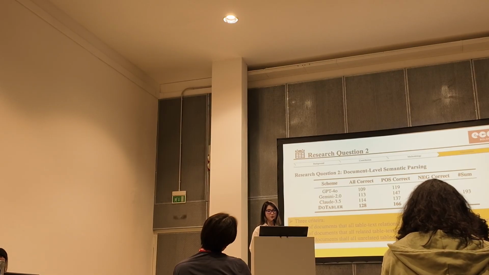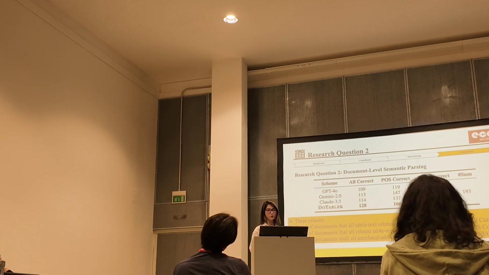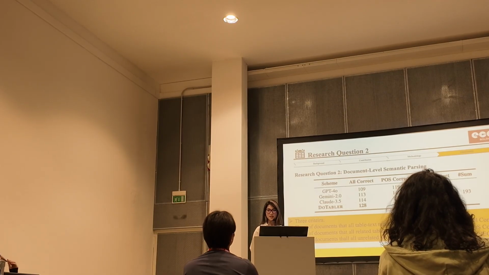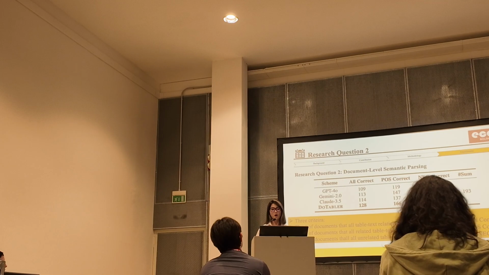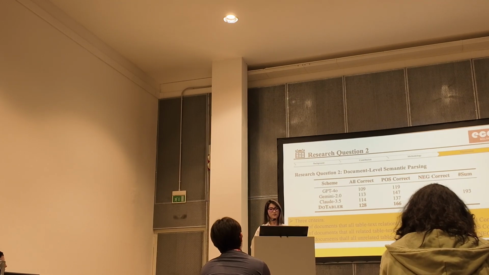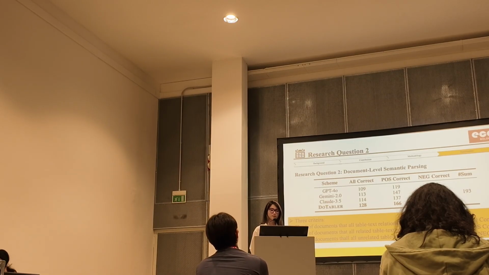Secondly, the number of documents where the related table-text pairs are correctly identified. And lastly, the number of documents where all unrelated table-text pairs are correctly identified. From the result, our DoTabular pipeline achieves the highest performance across all criteria, outperforming all the decoder-based LLMs. This again demonstrates the superior ability of our TTM module.